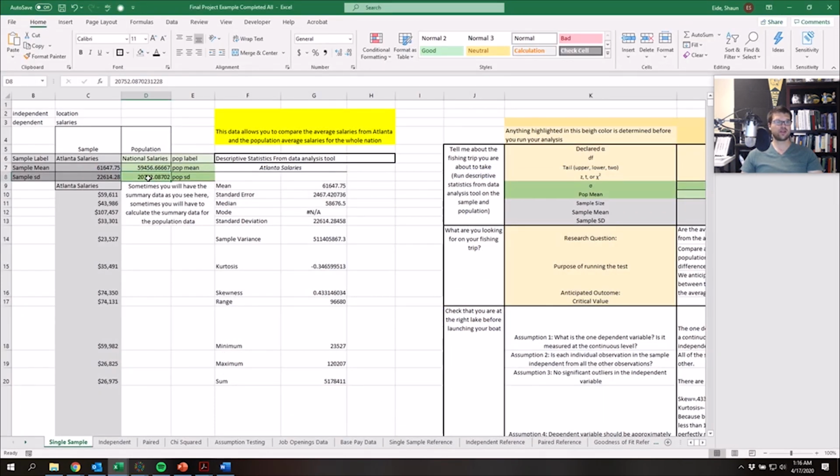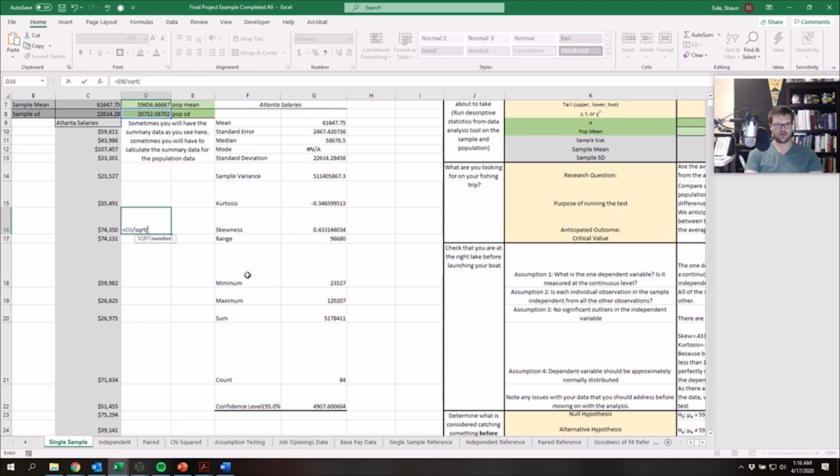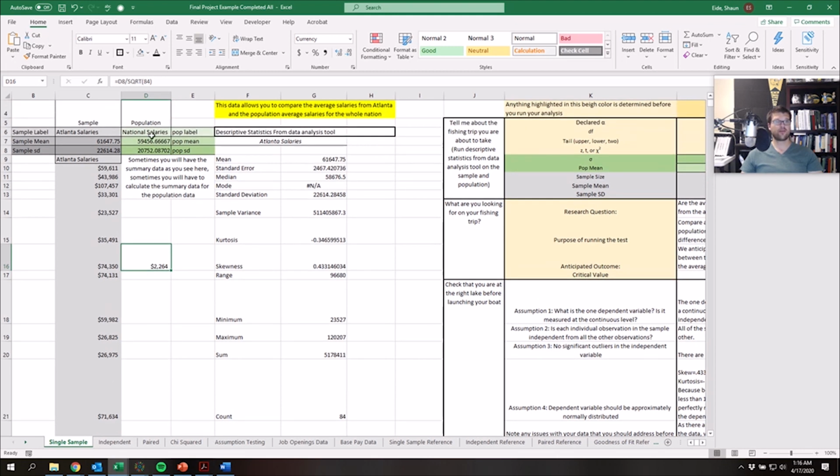So we're going to do equals this standard deviation divided by the square root of, remember how many are there? There are 84. So this right here is the population standard error. We've got 59,456 with a population standard error of 2,264.